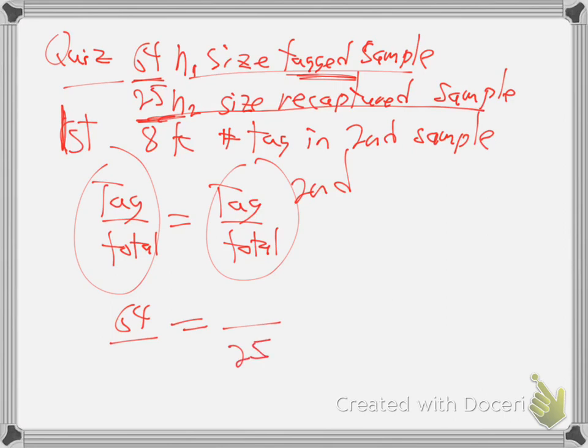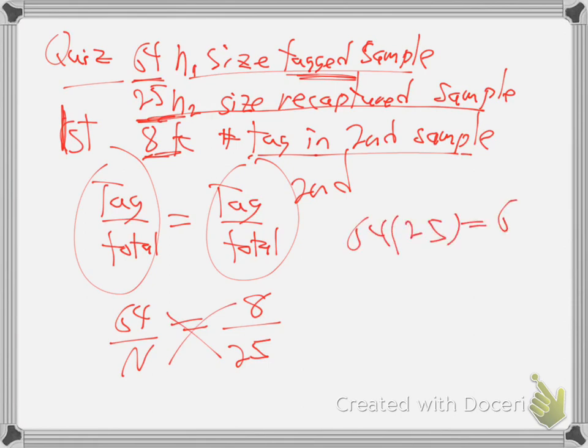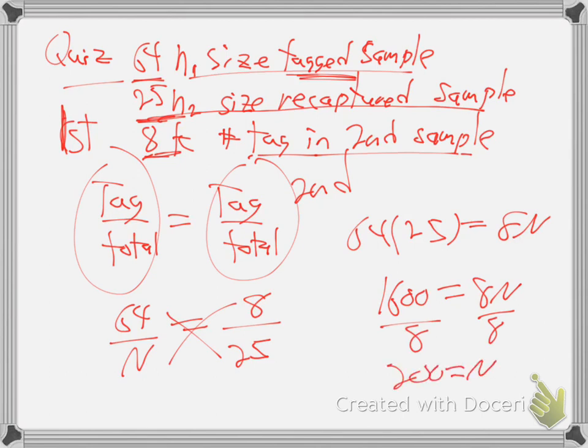And 8 is the number tagged in the second. That's what you all got? Then this is the capital N, or X, or whatever you want to call it. Cross multiply: 64 times 25 is 8 times N. What's 64 times 25? 1600. Thank you. 8 times N divided by 8, and that's 200. And there it is. That's the answer, which almost all of you got.